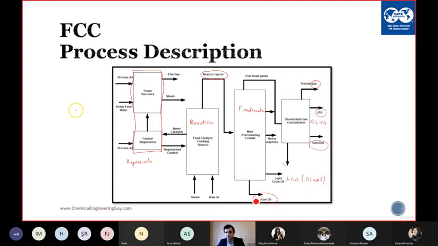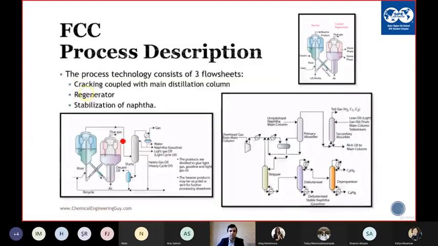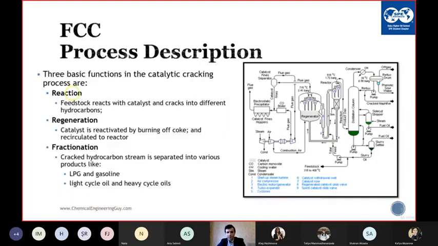What we can do with fuel oil, we can burn it if we need. So the same, we have the distillation column, regenerator, stabilization of naphtha. And we have 3 main sections, as I told you before: reaction, regeneration, and fractionation.